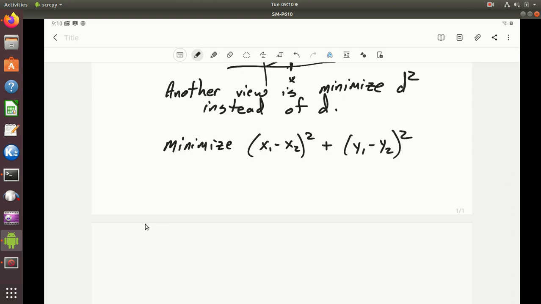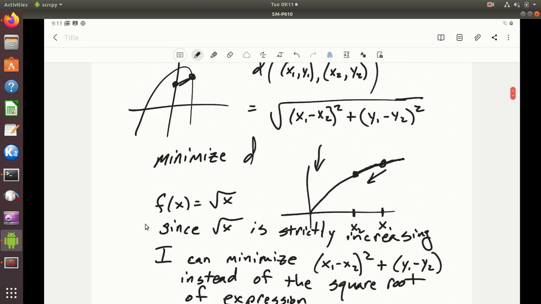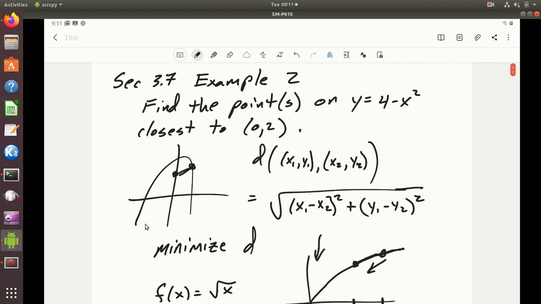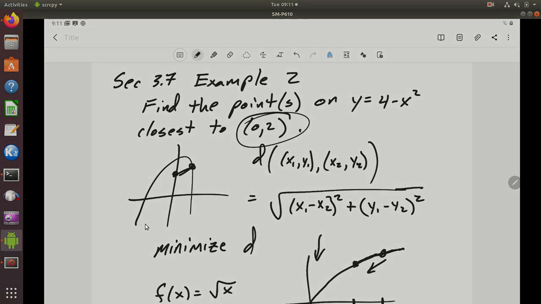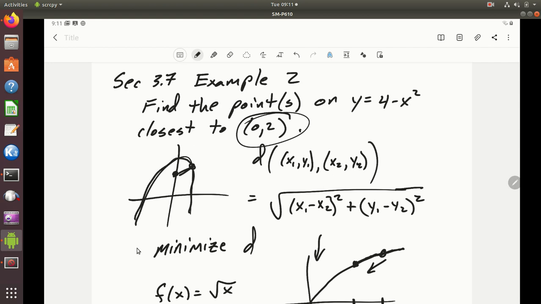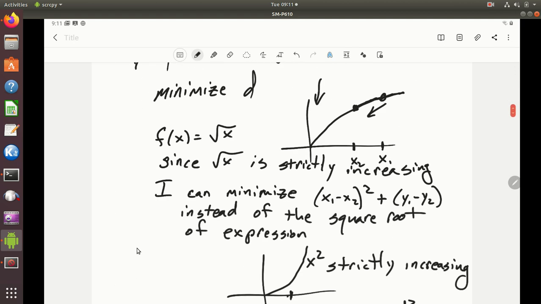And so we have that, and so with that, I just need to figure out what these x1 and x2 are and so forth. All right, so my points are the point 0, 2, and any point on the parabola. Well, what's a point on the parabola? Well, it's a point x with that y, but how do I get y? 4 minus x squared.